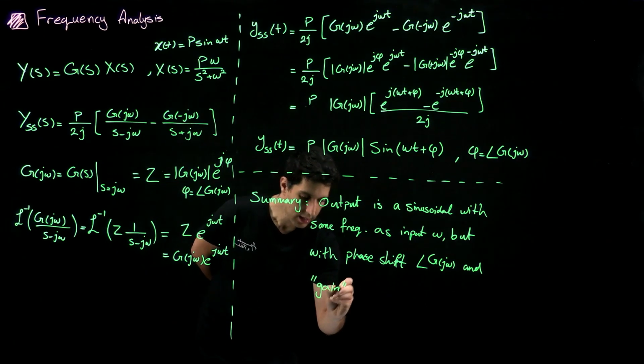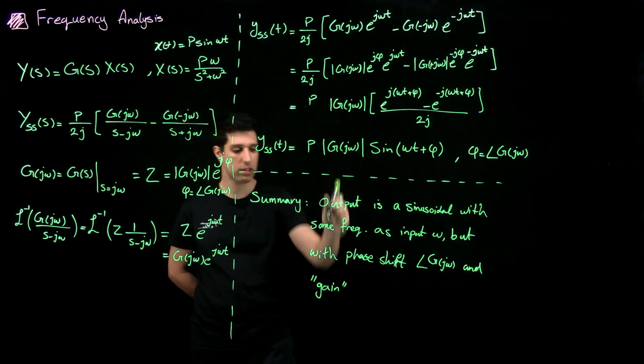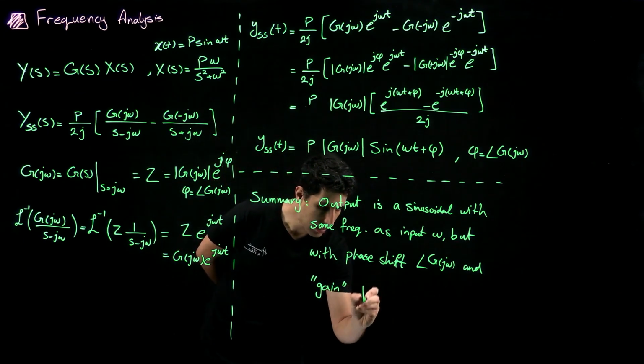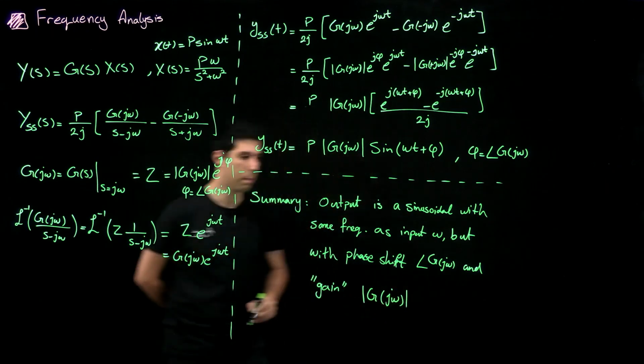Gain is the change in amplitude or the multiplication factor, and the gain is the size of this g of j omega.